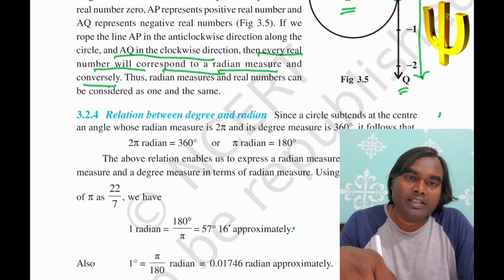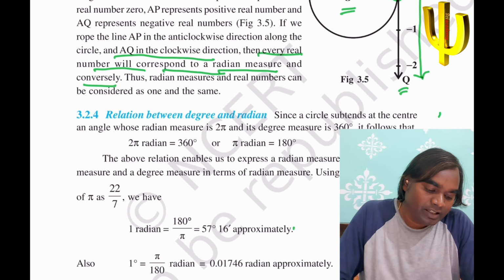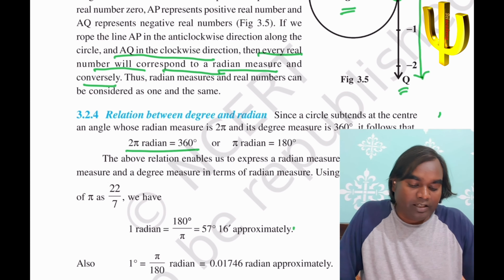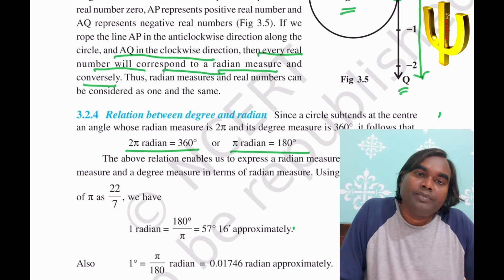That means 2 pi radian is equal to 360 degree. That means pi radian is equal to 180 degree.